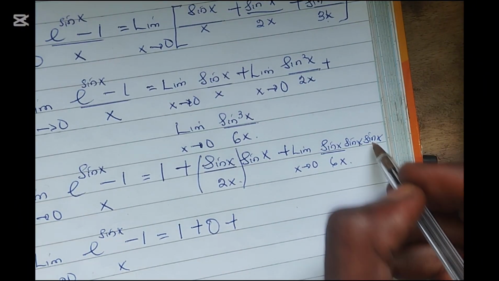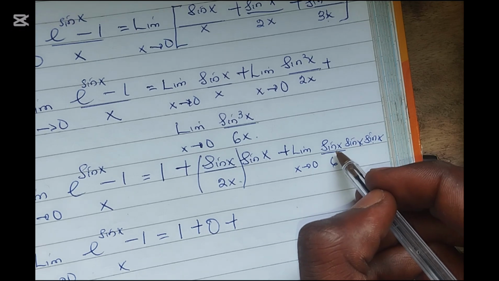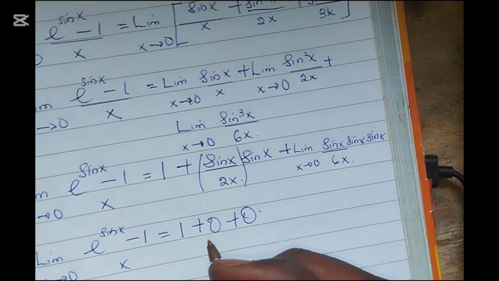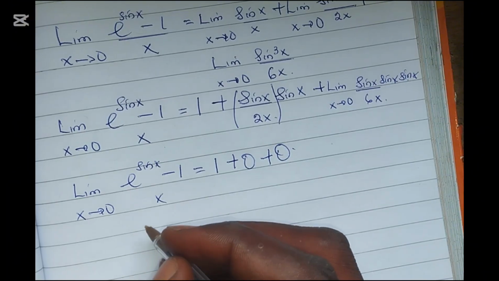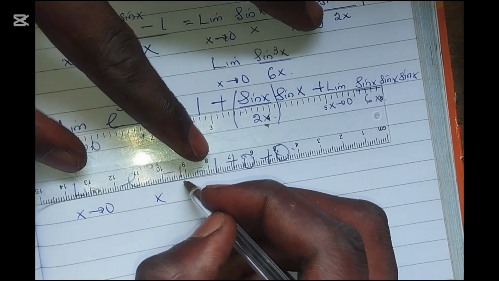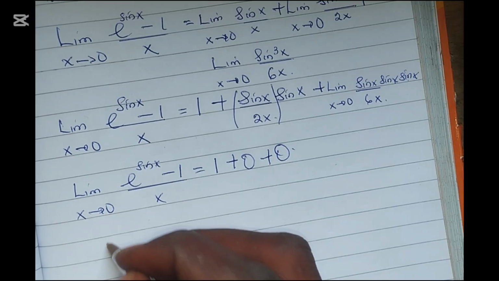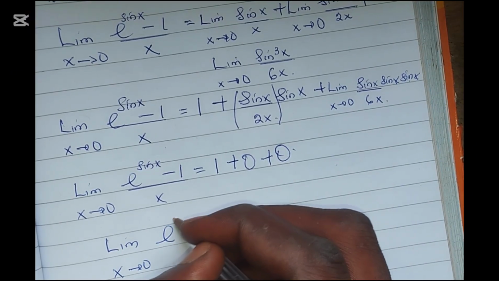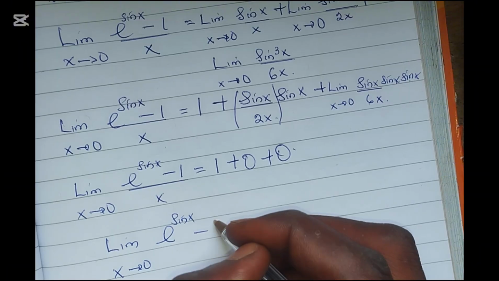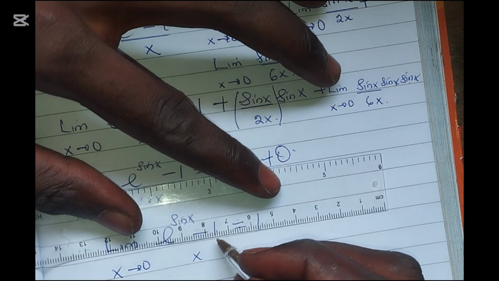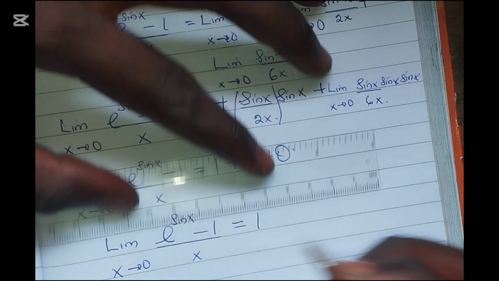Although this is 1 over 6, 1 over 6 times 0 goes to 0. So we can conclude that the limit as x tends to 0 of (e to the sine x minus 1) all over x is equal to 1 by the Taylor series expansion method.